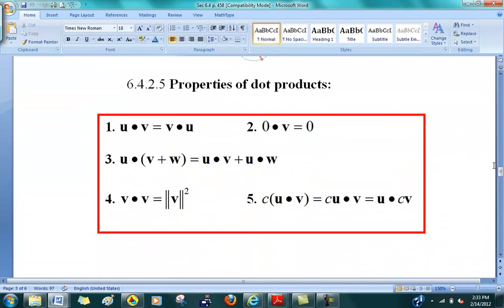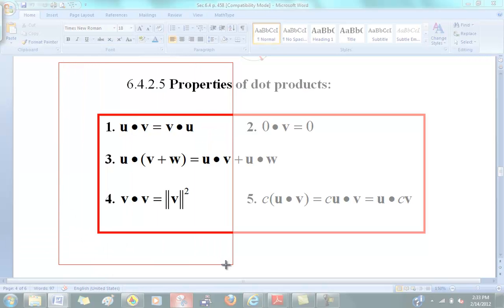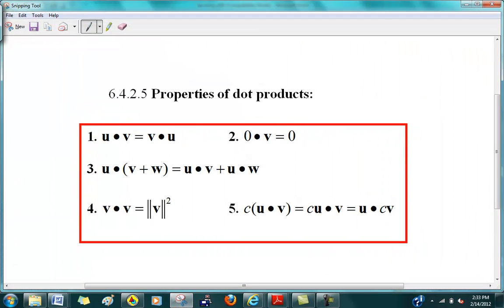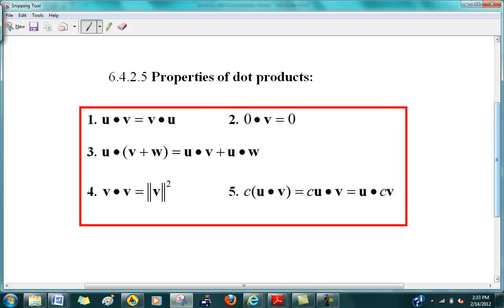Okay, here are properties of dot products, and these are fairly similar to what you've done in algebra and arithmetic. So, for example, dot product is commutative. In other words, if you multiply u dot v, it's the same as v dot u. Here's the zero product property of a dot product.